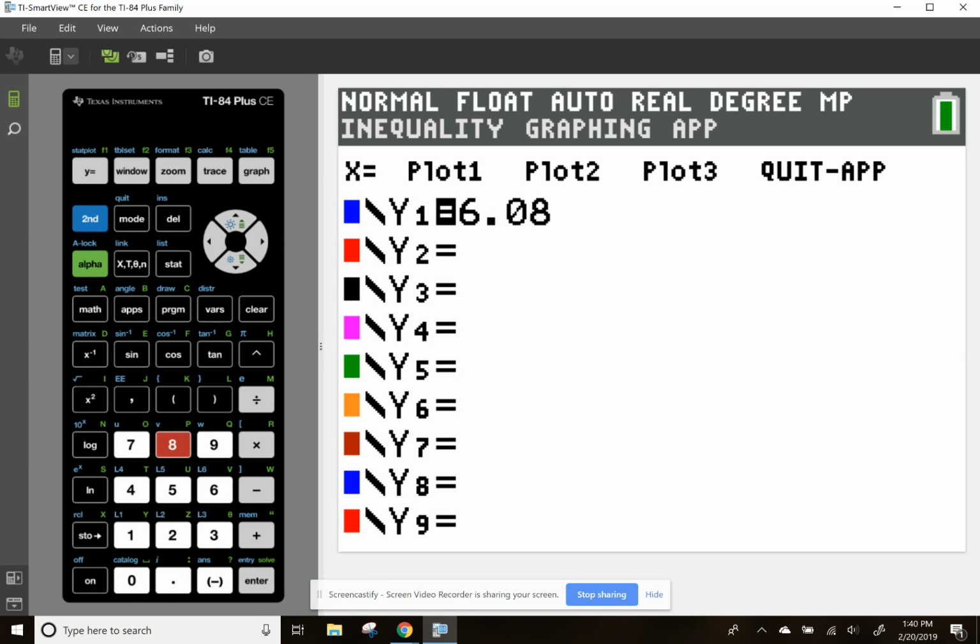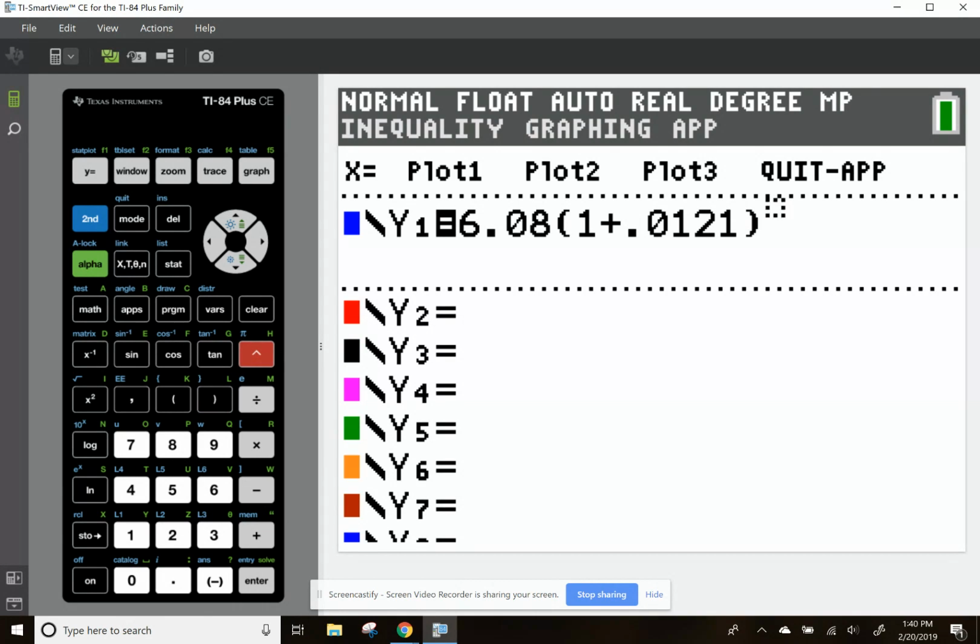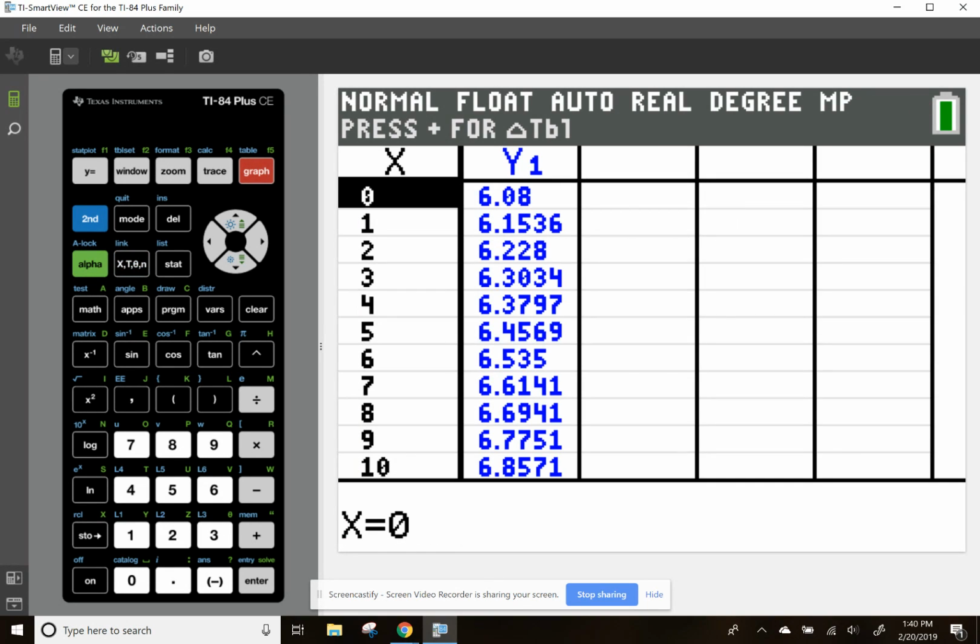Remember, that's still in billions, but we can leave it like that just as long as we remember that's billions. 1 plus 0.0121, close parentheses, and then to the x power. Now it's important that you put the x in there, because if you don't, the table we're going to look at is useless. So equation's typed in. Now we're going to go to the table. If we hit second graph, it'll take us to the table.